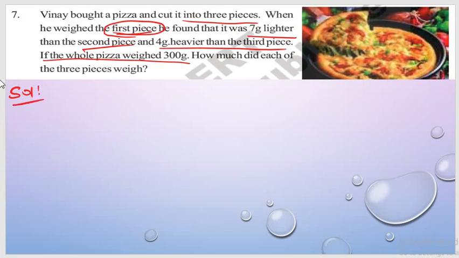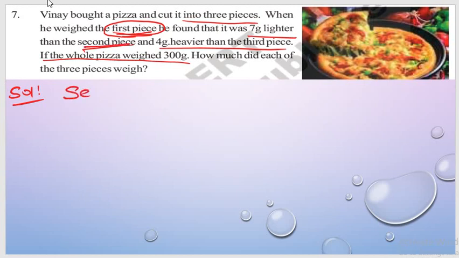The first piece is 7 grams lighter than the second piece. Whenever you solve a problem like this, if anything is compared with some other thing, first of all we need to consider that other thing as the unknown variable. So here the first piece is compared with the second piece.